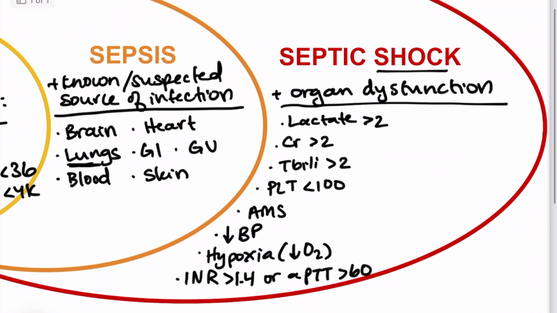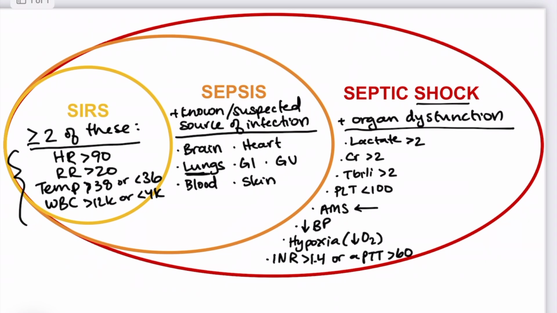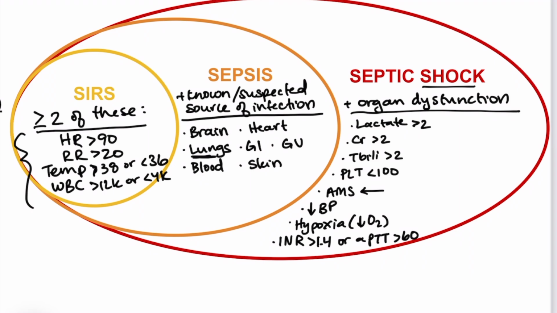Some of these items you'll recognize are not specific to septic shock and can occur due to other causes. So a patient with AMS might be having altered mental status due to lack of sleep even. And so we have to take these into context of the patient's full clinical picture.